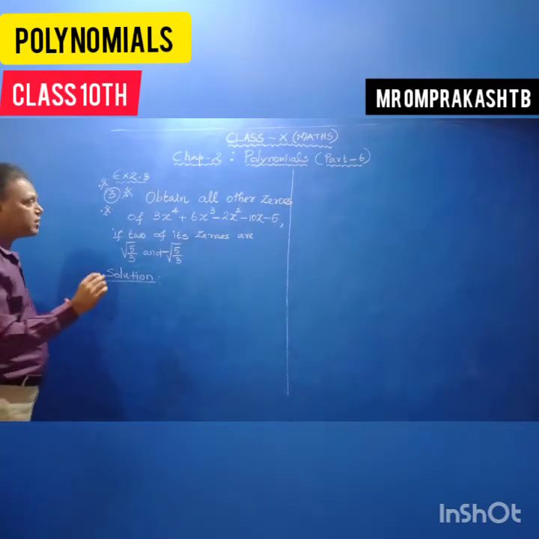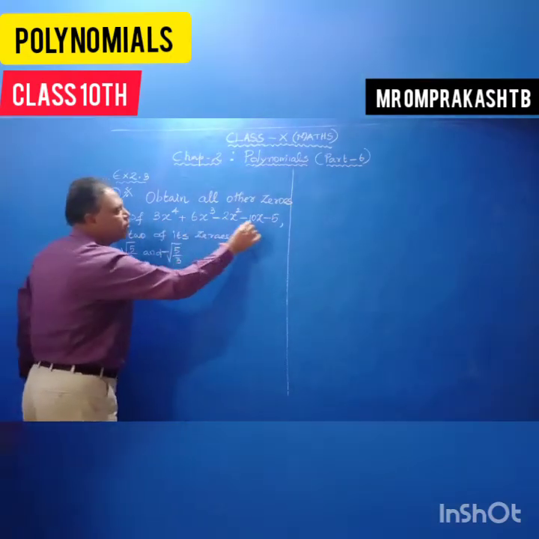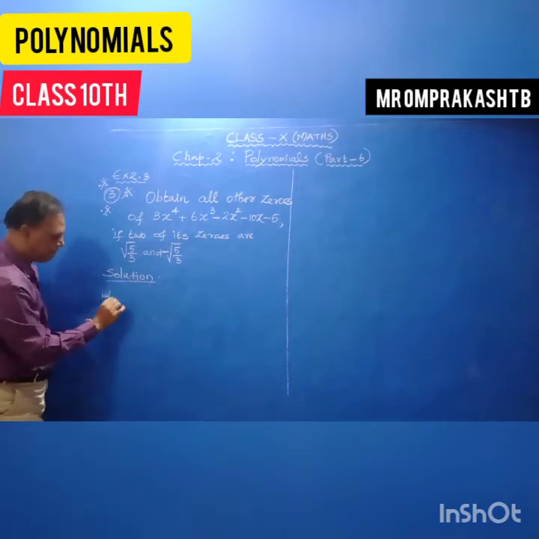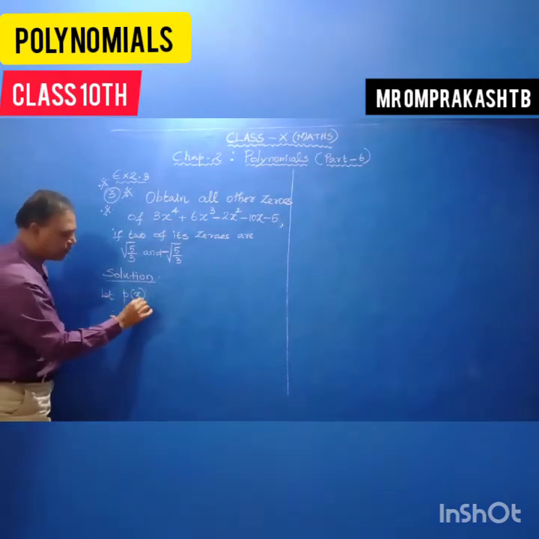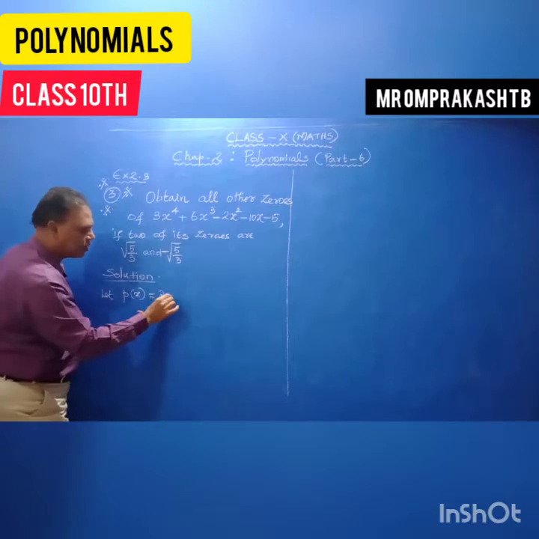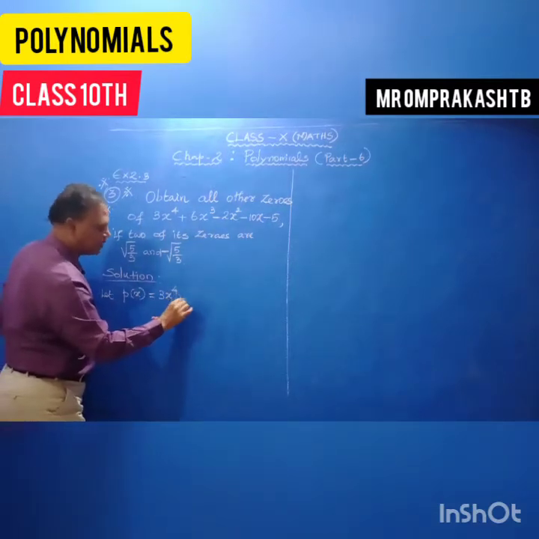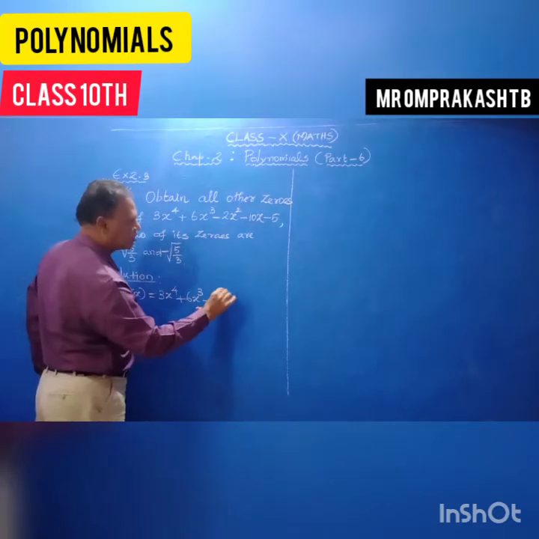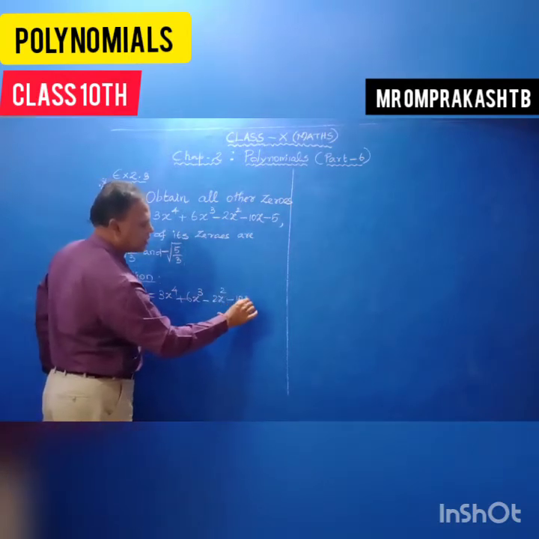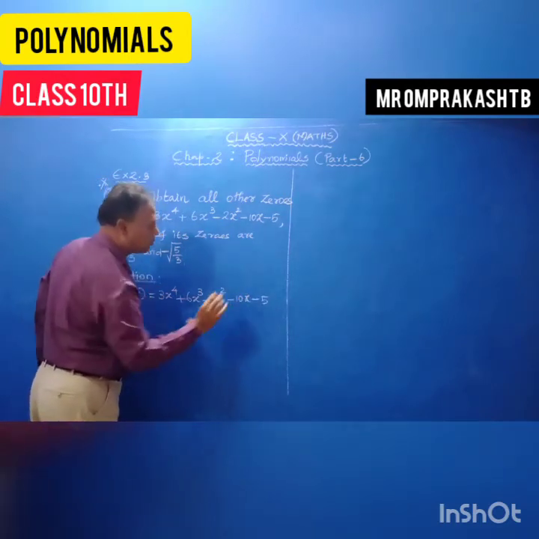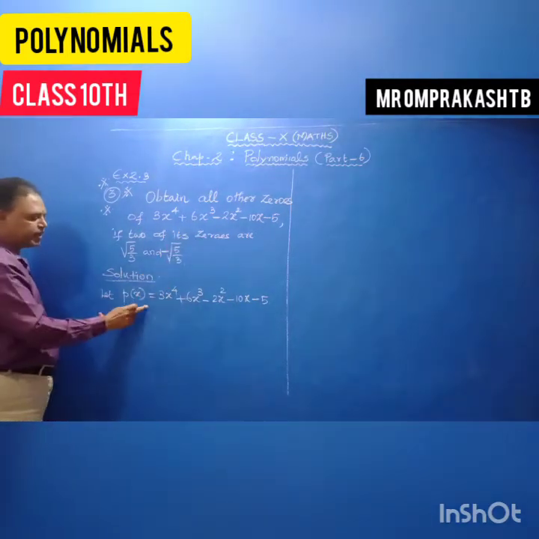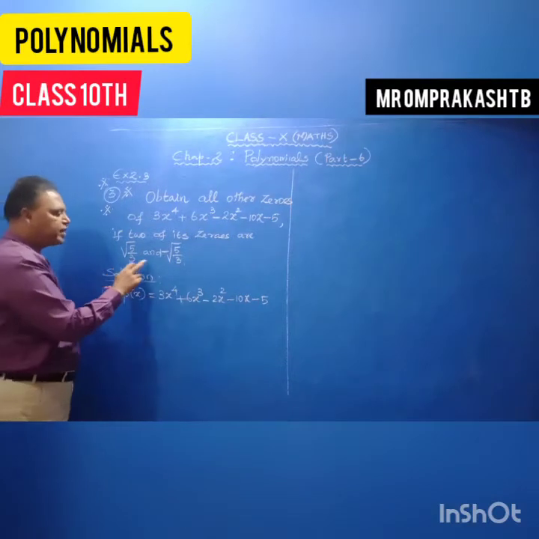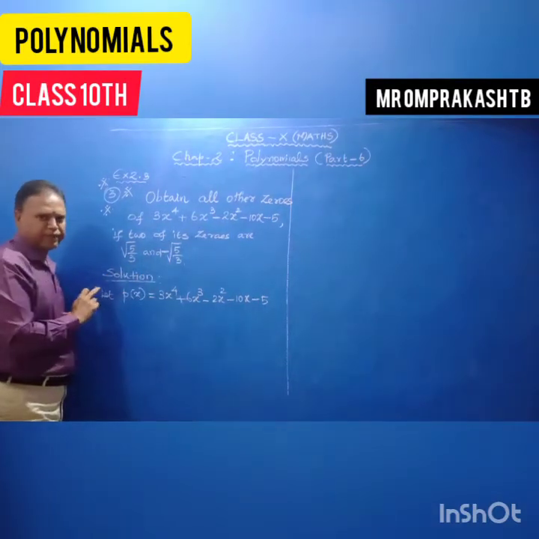See, for that, first you should take this given polynomial as p of x. Let p of x equal 3x power 4 plus 6x cube minus 2x squared minus 10x minus 5. Next, how many zeros are given? 2 zeros are given in the problem.